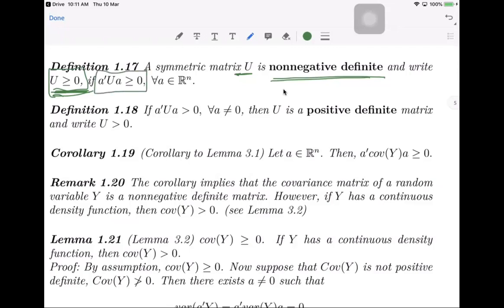You can always find a vector n by 1 such that A prime U A is also non-negative.